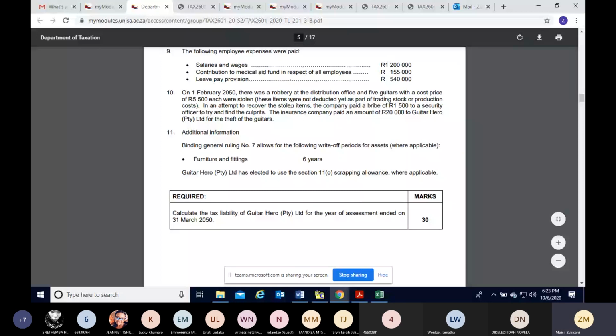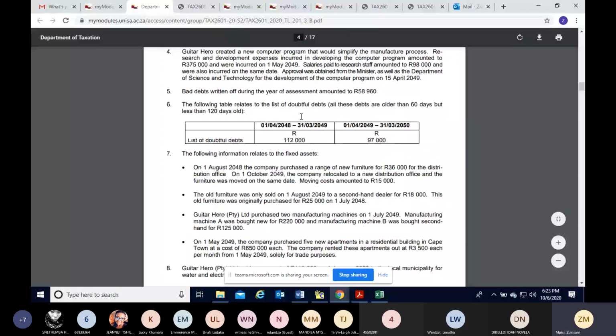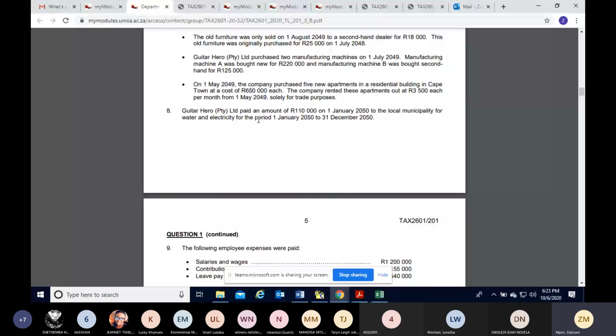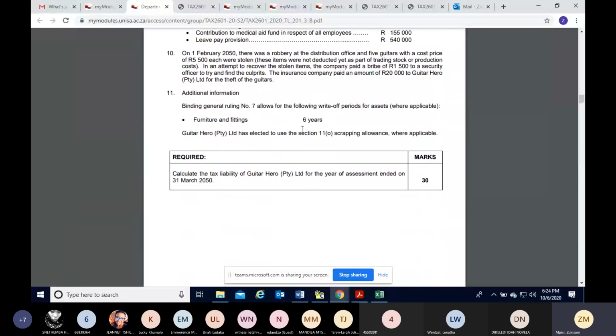Another important thing is, as you are given this line item, if it is not taxable, you must still provide a comment why it is not taxable. So please don't forget such things. A capital asset, if you purchase it in the current year, may not be deductible under section 11A, but you may provide a capital allowance for it. So those comments, as we have gone through in the questions previously, need to come up.